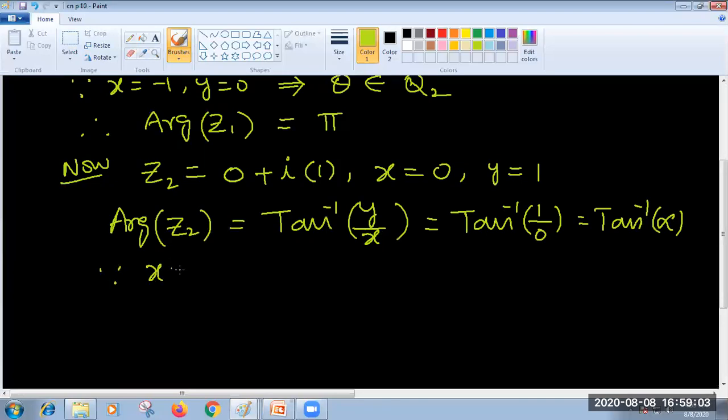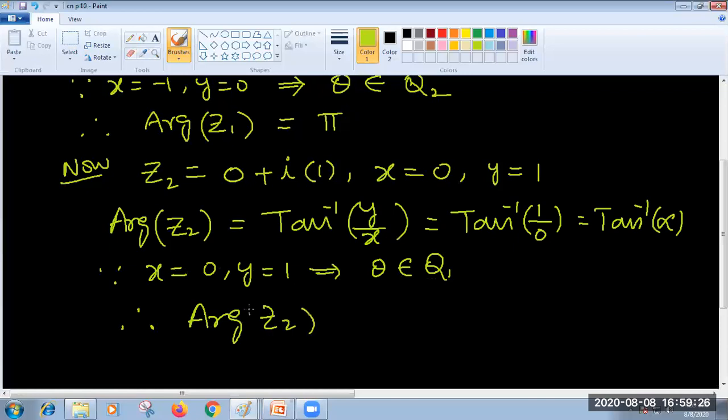Since x value is 0 and y value is 1, both are positive, you can take theta belongs to the first quadrant. So tan 90 degrees is infinite, therefore the argument of z2 is 90 degrees, pi by 2.